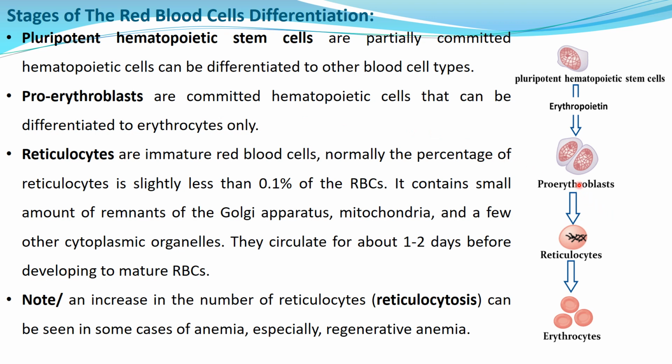And then these cells can further differentiate into what? Into reticulocytes. The reticulocytes are immature red blood cells.